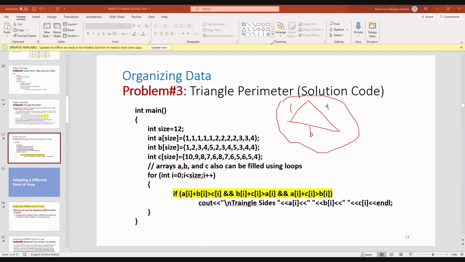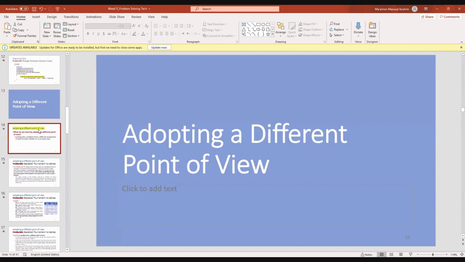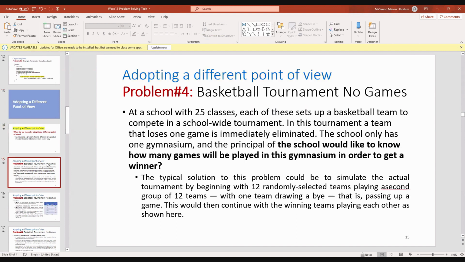And also we have talked about adapting different points of view, and we focus on 3 things here. You remember, we have to look at the problem from a different side.